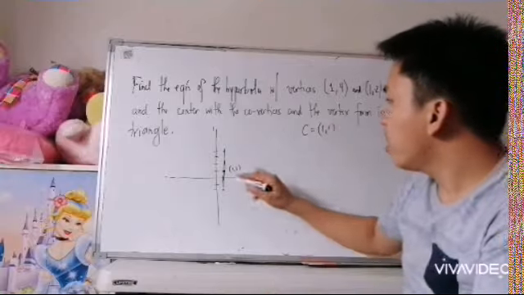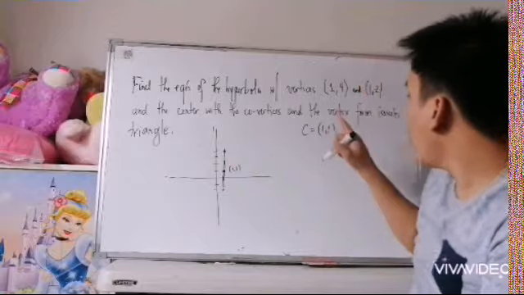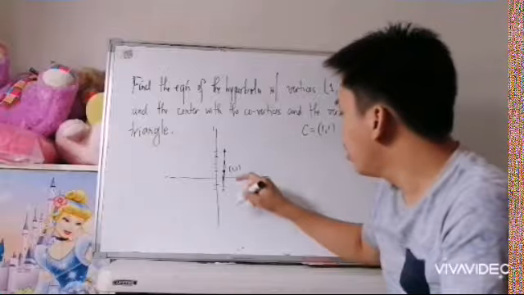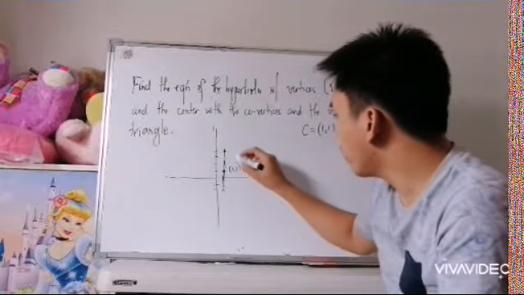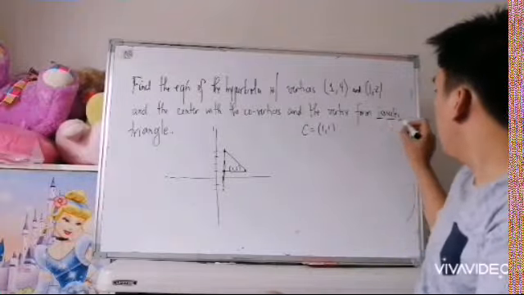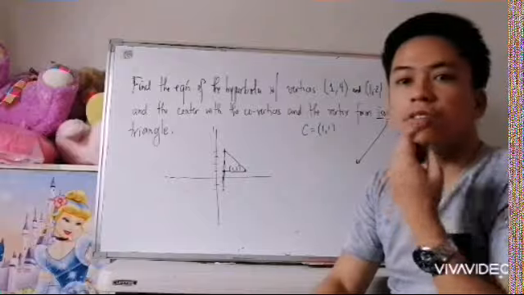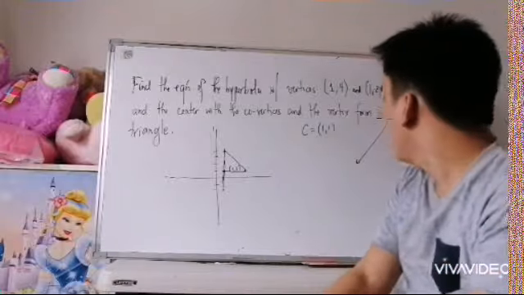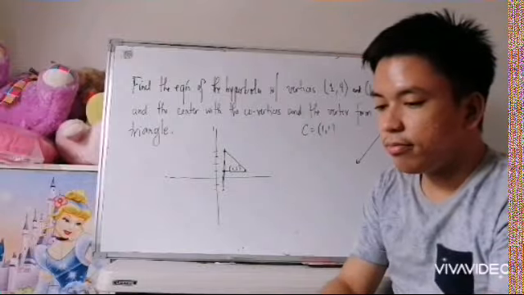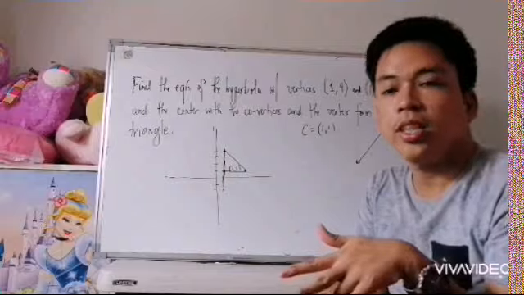And of course, the center, the vertex, and the co-vertex form an isosceles triangle. So let's say this is the co-vertex here. Let's recall back in our geometry class. I guess you were third year high school that time. Isosceles triangle is when two sides of the triangle are congruent.